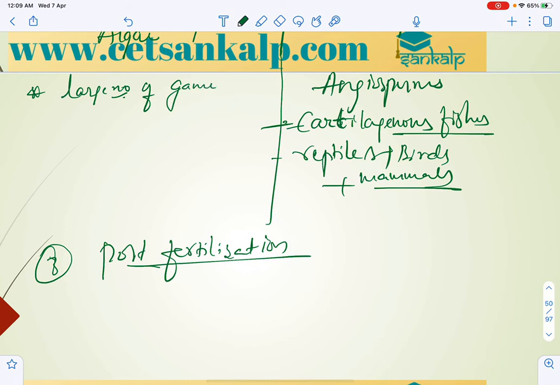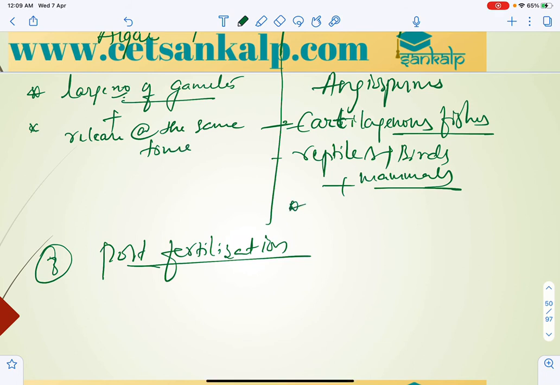Both should be released into the surrounding medium at the same time, to enhance the chances of fertilization. Here, it is not like that.